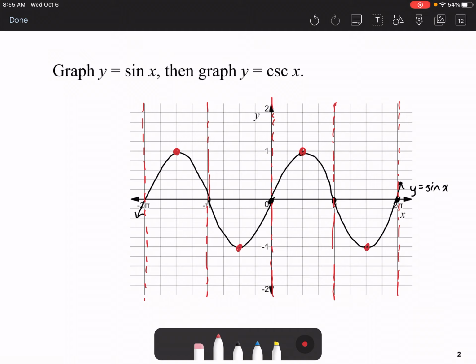They approach these vertical asymptotes. It doesn't actually have a horizontal asymptote, but wherever our reciprocal function is positive, the original function is positive, and vice versa. So we get shapes something like this. And this red graph that I've now drawn is y equals cosecant of x, or at least a good sketch of it.